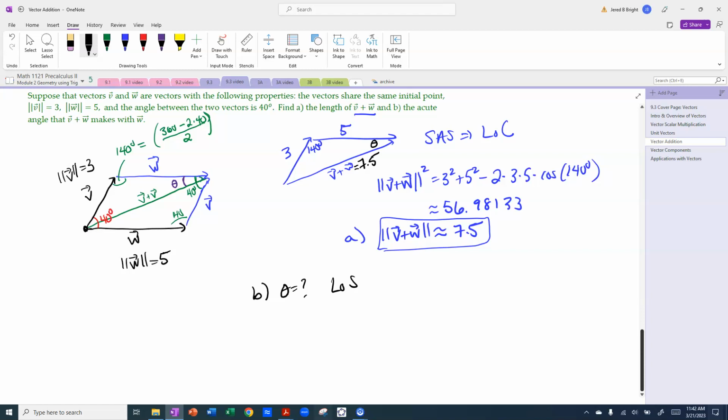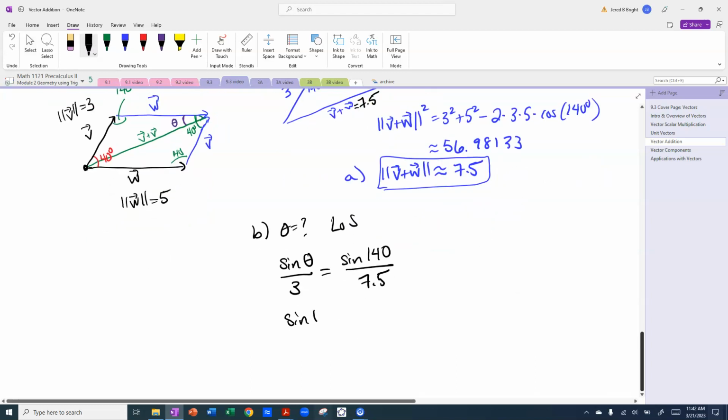I'm going to use law of sines, and so I'm going to say sine of the angle that I want, which is opposite the side length of 3, is equal to sine of 140 over 7.5-ish. Now I can solve for sine theta. I would do 3 times sine of 140 on my calculator, divide that by 7.5, and this is approximately 0.2571-ish.